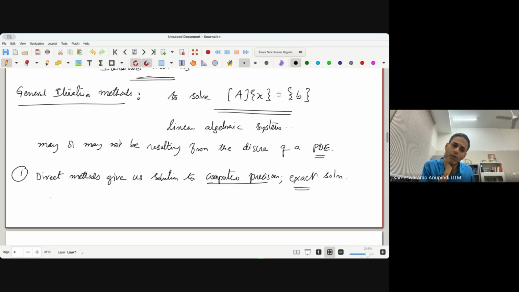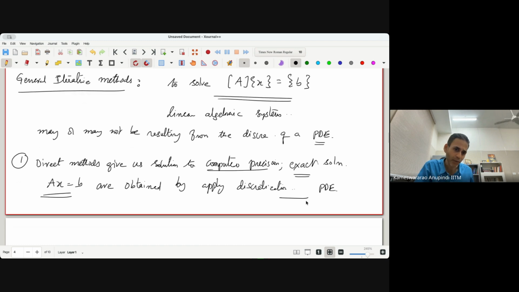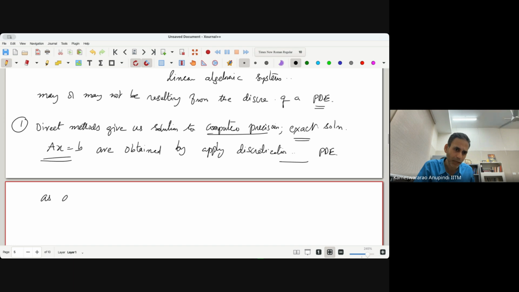But what we realize is that the systems Ax equal to b that we are obtaining, at least in the case of solution of PDEs, are obtained by applying some kind of discretization to the governing PDE. In this case, the finite difference method is applied to the governing PDE to get Ax equal to b. That means we are only getting Ax equal to b as an approximation to the PDE.